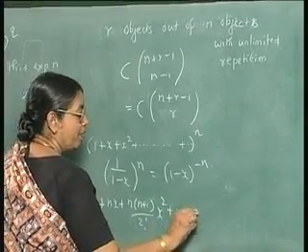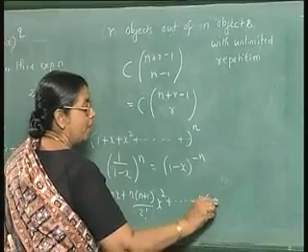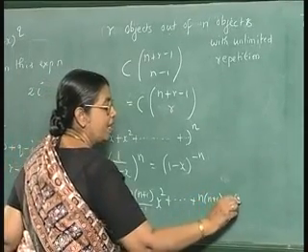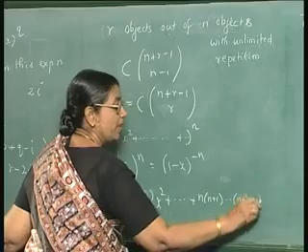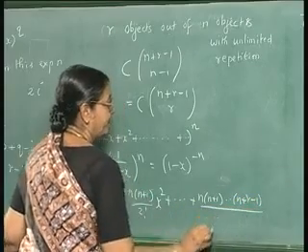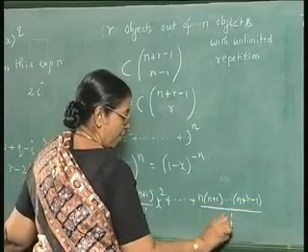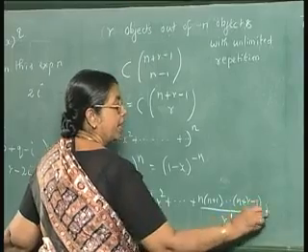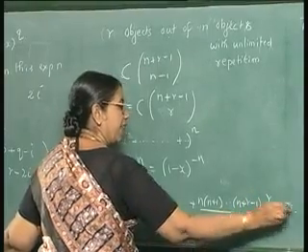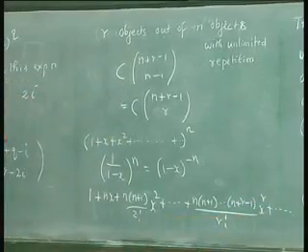Now, the coefficient of x power r will give you the number of ways of selecting r objects out of n objects with unlimited repetition, and this is nothing but C(n+r-1, r). Okay. This we have earlier seen by different arguments.